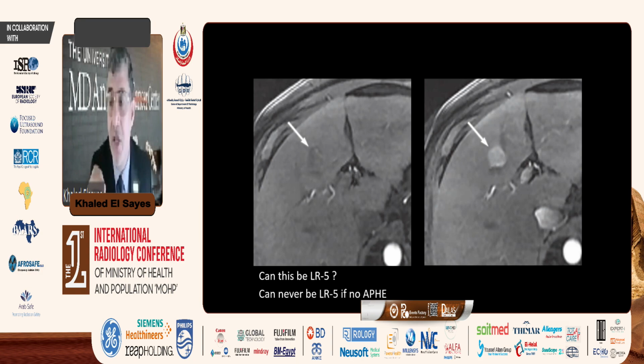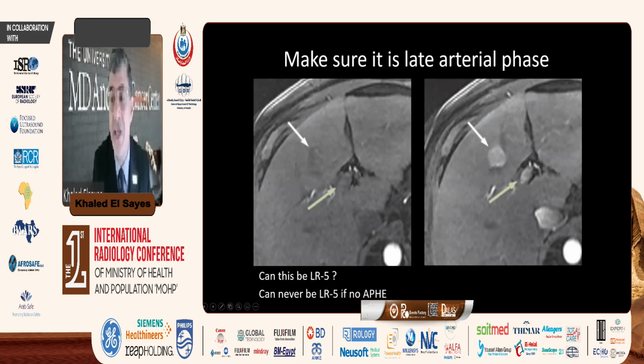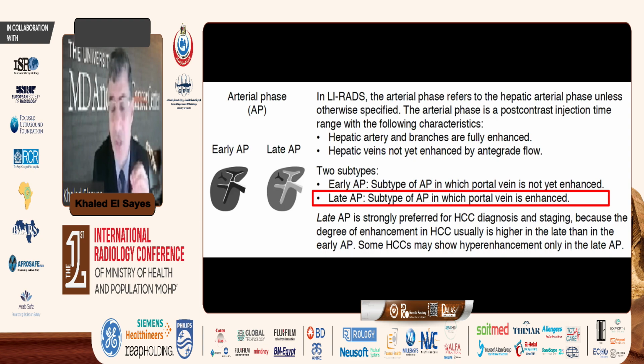You need to make sure that this is late arterial phase, because that's the hemodynamic of the HCC and how it hyper enhances in the late arterial phase, where the portal vein demonstrates some enhancement. So make sure it's late arterial phase that you're dealing with.